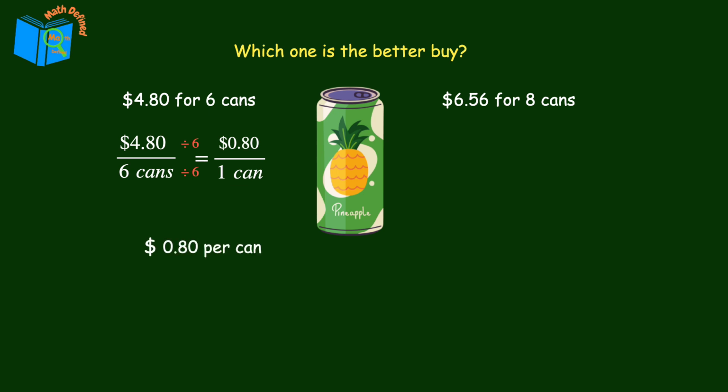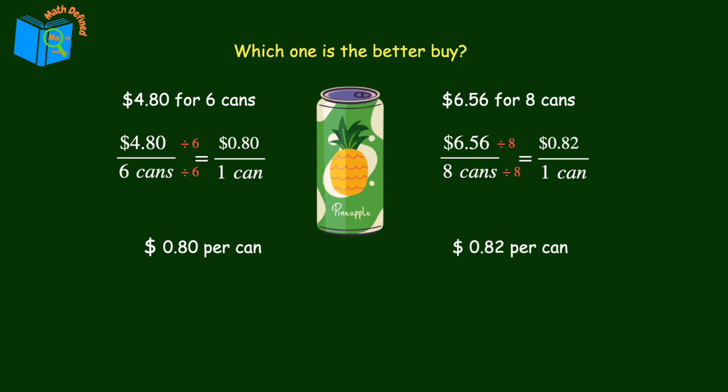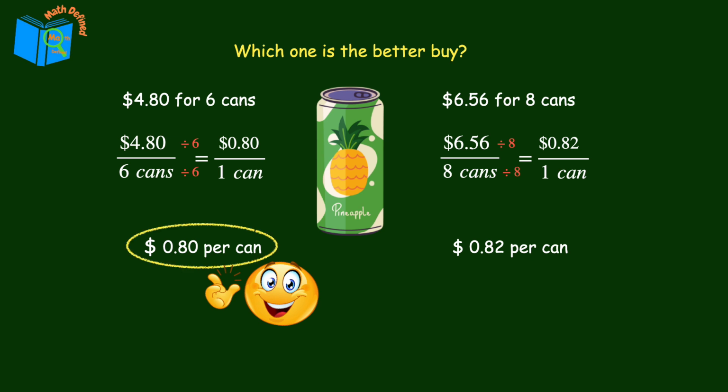Now let's find the unit rate for $6.56 for 8 cans. Dividing by 8 equals 1 can, so we'll divide $6.56 by 8 as well, giving us 82 cents, or 82 cents per can. Comparing the two unit rates, 80 cents is less than 82 cents, so $4.80 for 6 cans is the better buy.